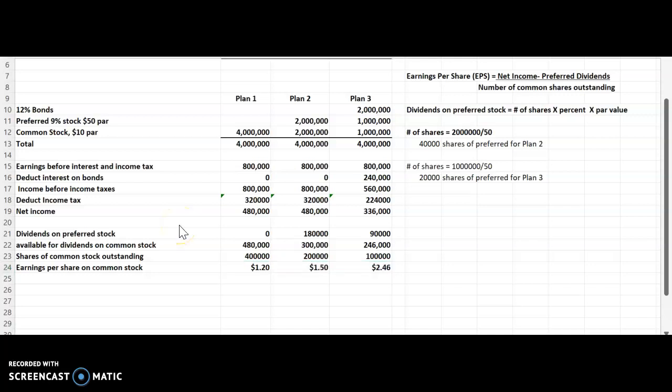Okay, let's change some numbers and see how it would affect earnings per share. Let's look at earnings before interest and income tax, and let's change that 800,000 to 440,000 and see what happens.